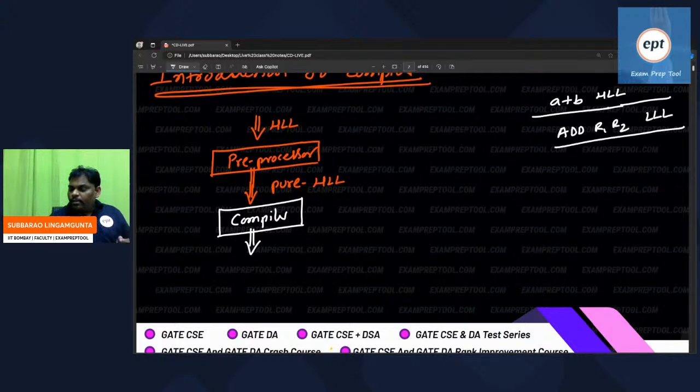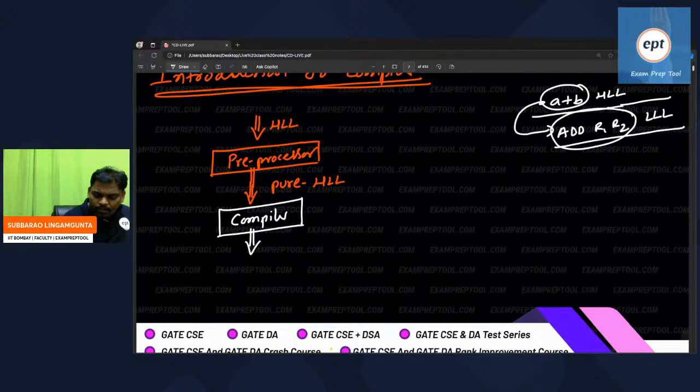So remember everyone, compiler input is high level language, and output is low level language. This is the high level language, this is the low level language. Remember, if anyone doesn't know, please remember. Compiler input is pure high level language, output is going to be pure low level language. If you want, you can write pure, otherwise also no problem.